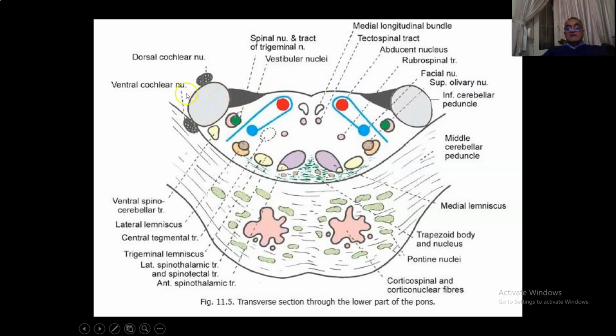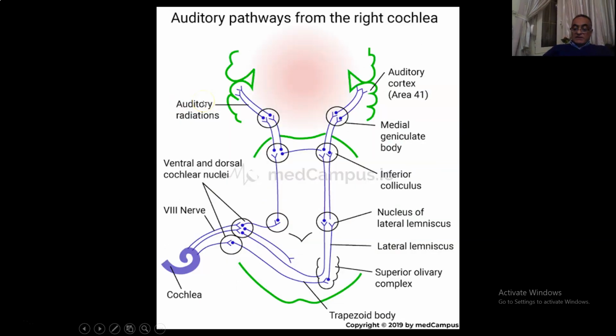You see that the impulses reach from the cochlea, as we said, and pass to the dorsal and the ventral cochlear nuclei.